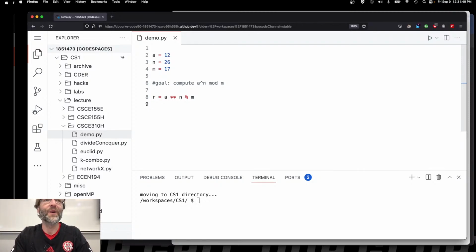So let's go ahead and go with print formatted here. I'm just going to format this as a raised to the power n mod m is equal to, and then the result here. There we go. Let's go into CSE 310.